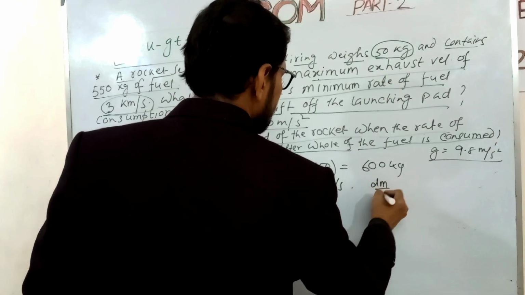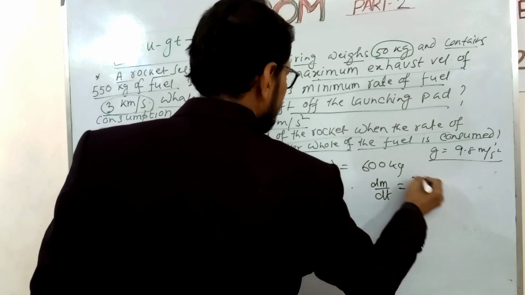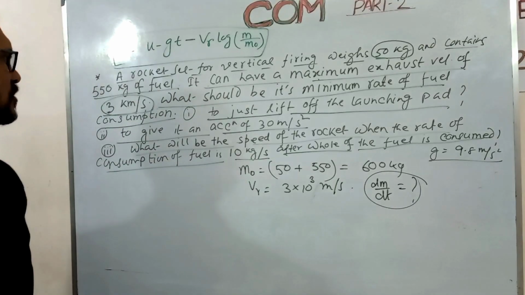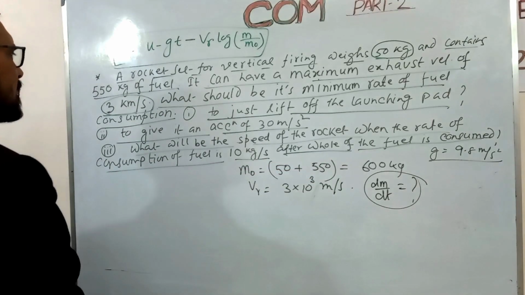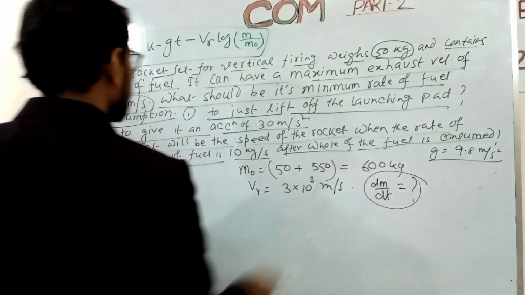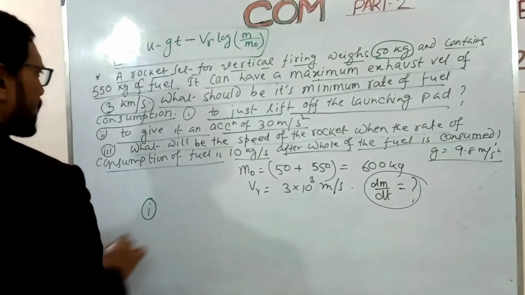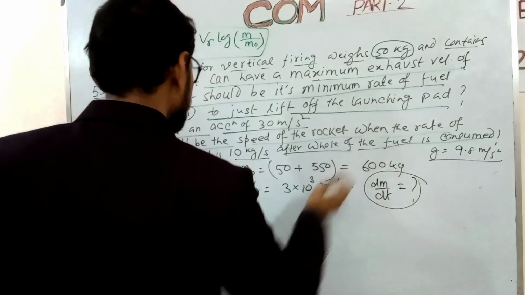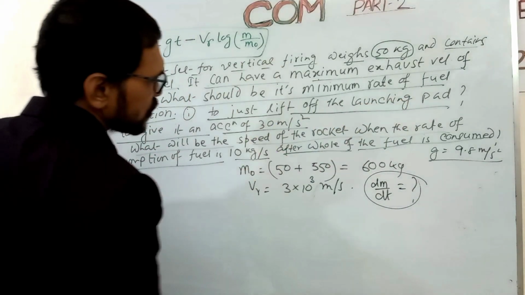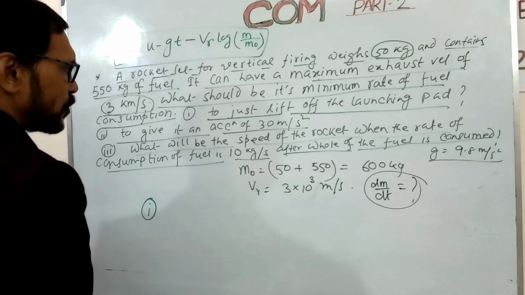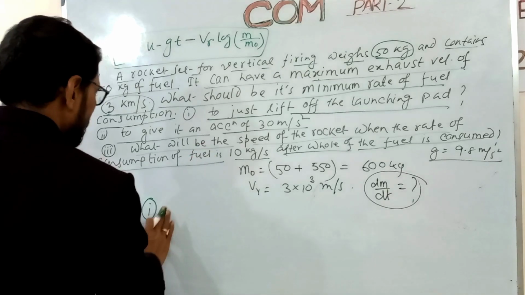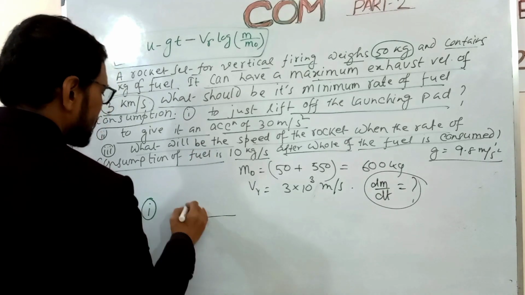First, dm/dt equals what? We have to find the rate of gas consumption when the rocket has just lifted off the launching pad. So, the solution of the first problem: just lifting off the launching pad. What is the condition for lift-off of the rocket from the launching pad?